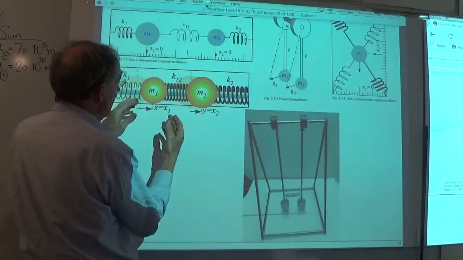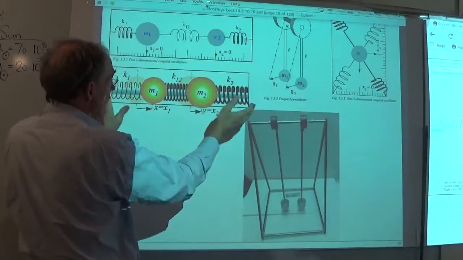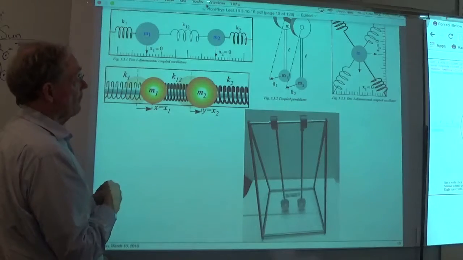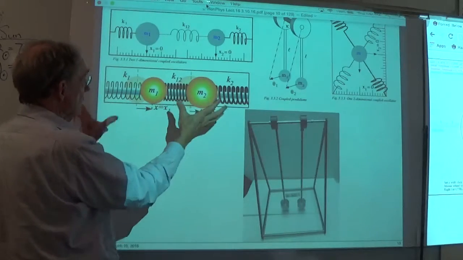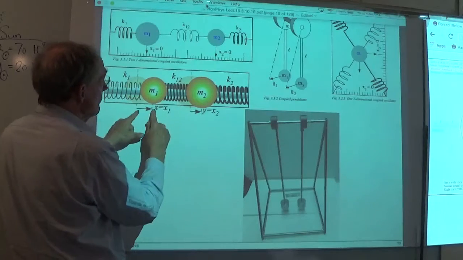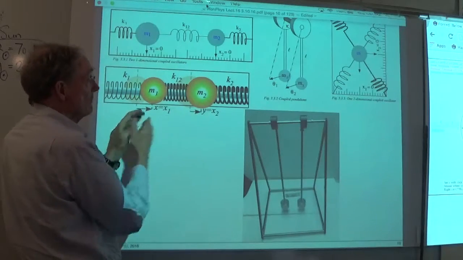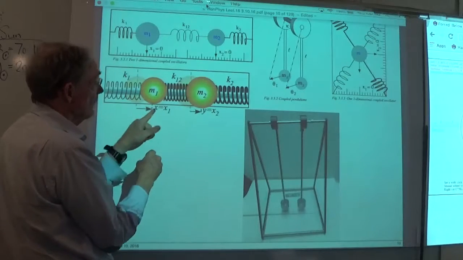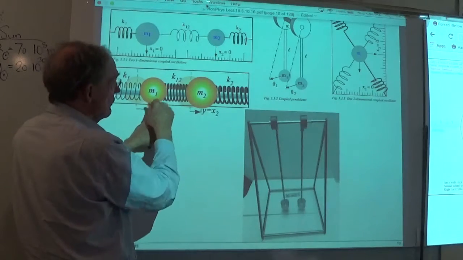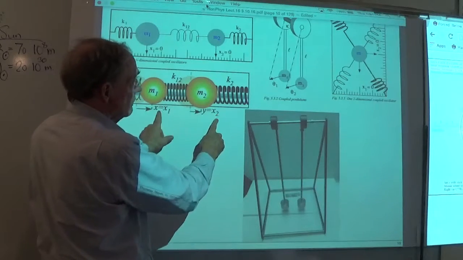That is, the equilibrium position is where all of the springs are, you can say, not giving any force at all. Of course, that doesn't have to be true. It can be very compressed. It's just that that's where the thing sits, and then we're going to be measuring the distance from those equilibrium positions with variables x and y, or x1 for mass 1 and x2 for mass 2.